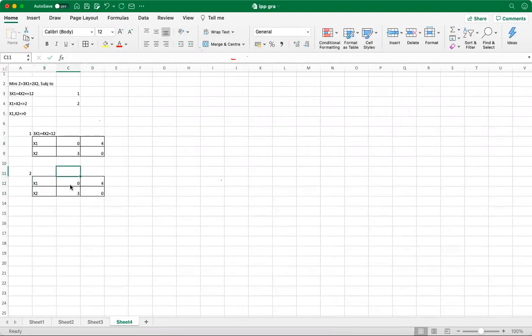What is this thing? x1 plus x2 is equal to 2, right? x1 plus x2 is 0, 2. So I'll say 2. This is going to be 0. This is going to be 2. Understood? Yes? Yes. So let me start plotting my graph.